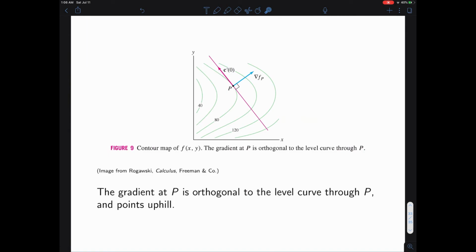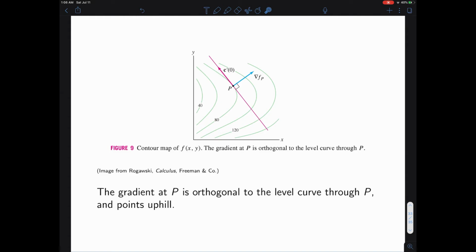Another figure. This time it's a two-dimensional figure. There's just an f of x, y. So instead of level surfaces, these are level curves. These are the points where f equals 40, the points where f equals 80, the points where f equals 120, and so on.